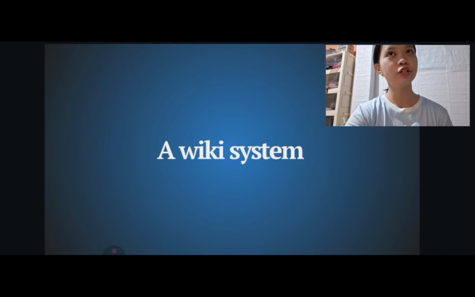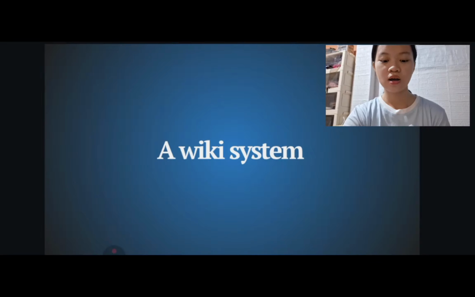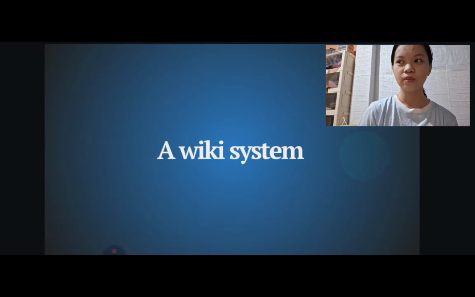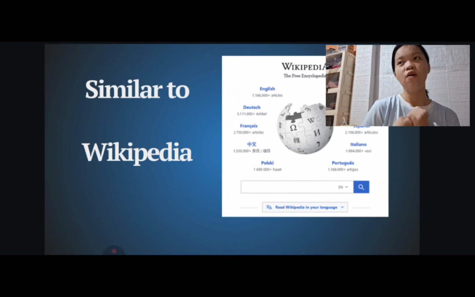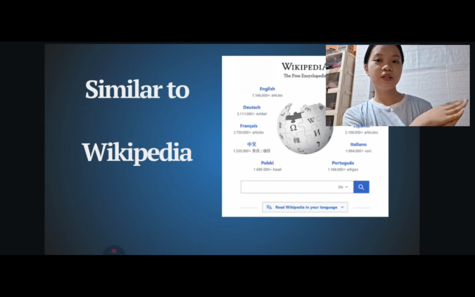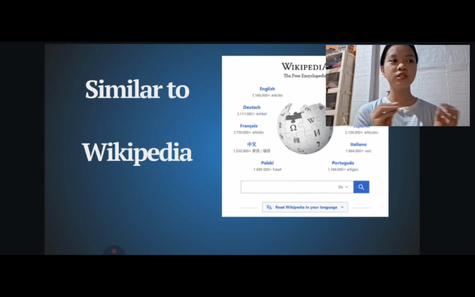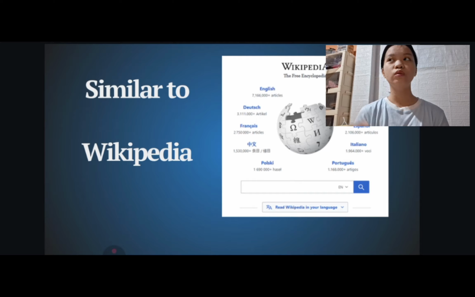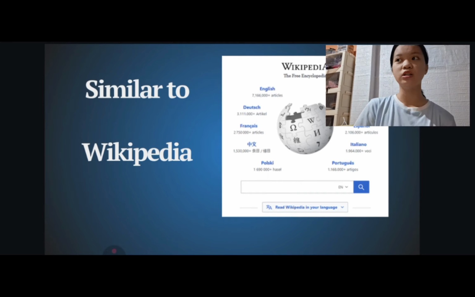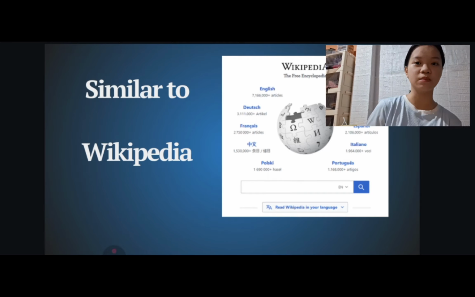So, to help reach this goal, the project proposes the use of a wiki system. I'm sure we're all familiar with the website Wikipedia, which gets a bad rep for its unreliability. But this wiki system would perform somewhat similar to Wikipedia, where it would only allow approved contributors to post on this system.